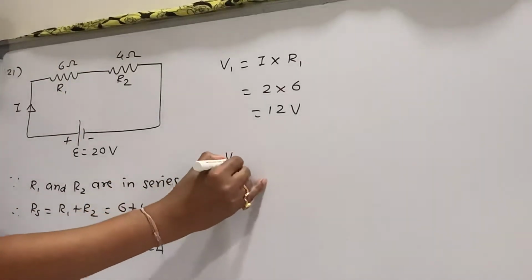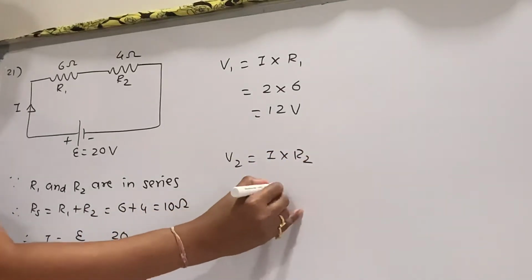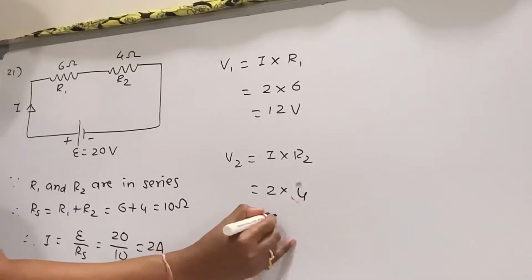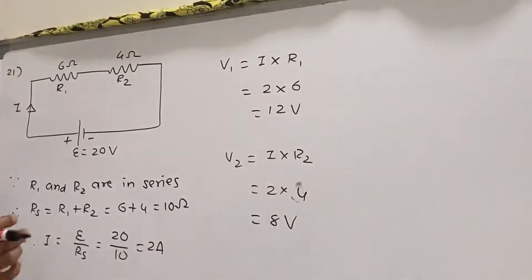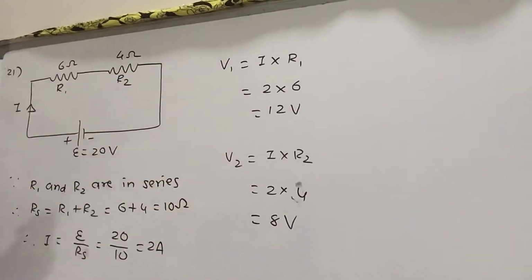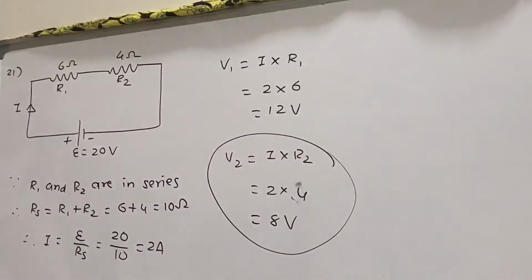For that you can write V2 is equal to I into R2. I will be 2, R2 will be 4, that comes up to be 8 volt. Now just check, total EMF, that is 20, is equal to V1 plus V2. This is not asked, but they can ask this question also. This is about 21.